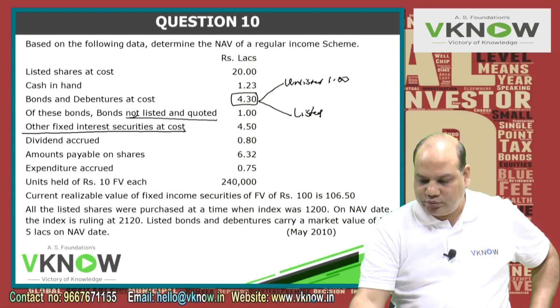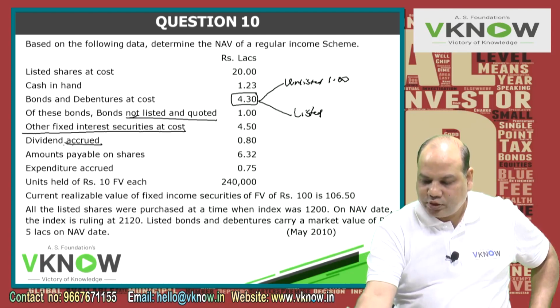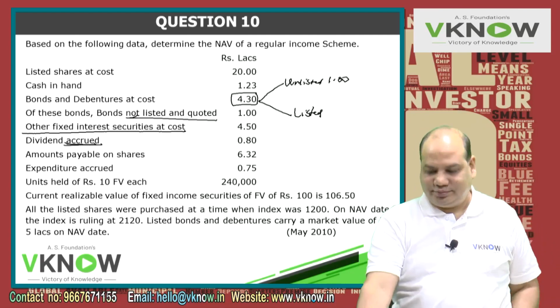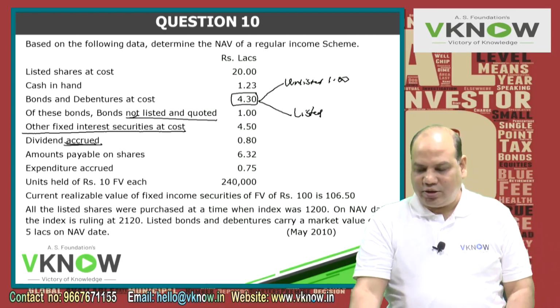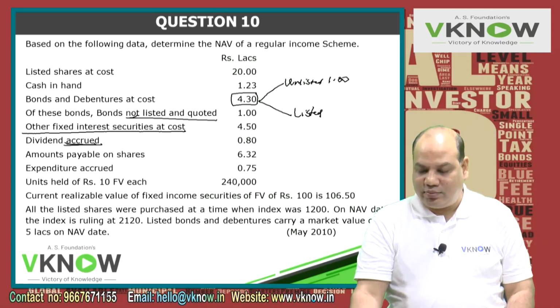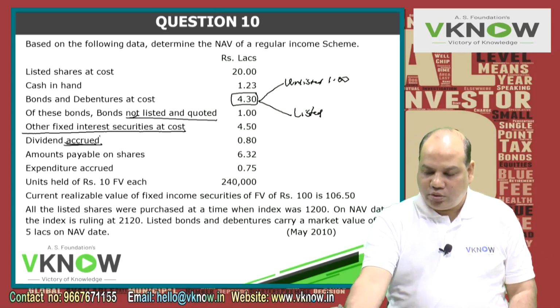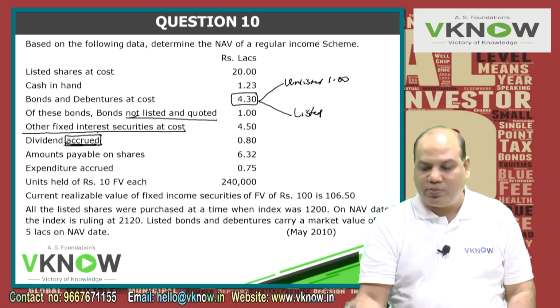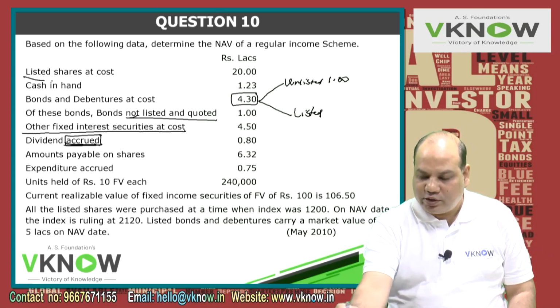Dividend accrued. Now whether dividend accrued is an asset or a liability. Here students had made mistake in the exam. The word accrued does not mean it is a liability. Dividend can accrue on your investment also. You have invested in equity shares, so therefore dividend might have accrued.